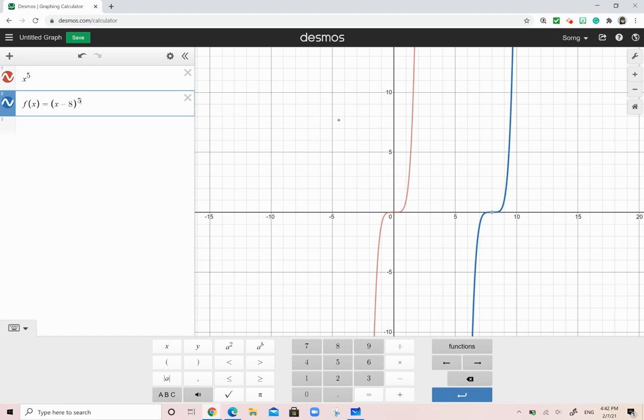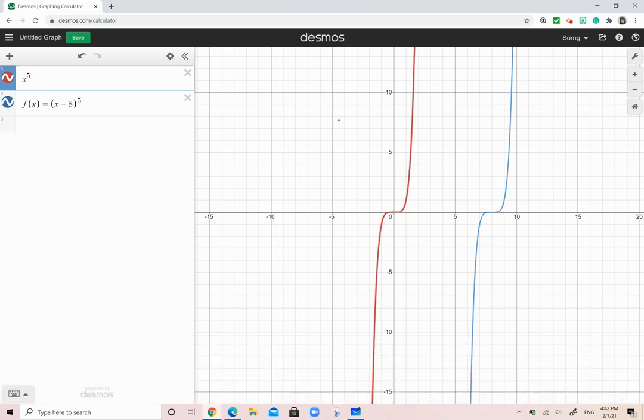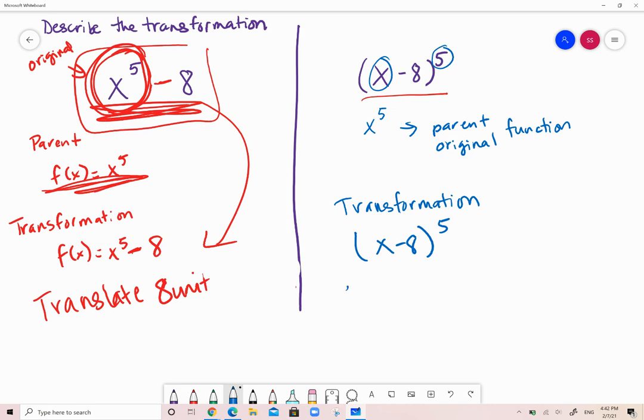So how many units? You just count from 0 to 8 and move 8 units, okay? So it translates 8 units to the right. So you want to look for that type of sentence when you're doing the next problem, okay? Hopefully that helps.